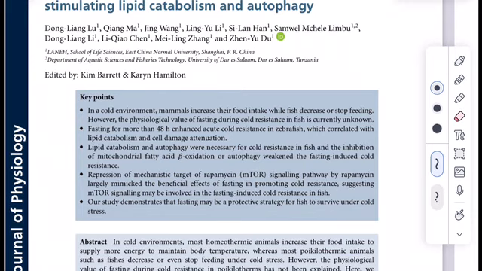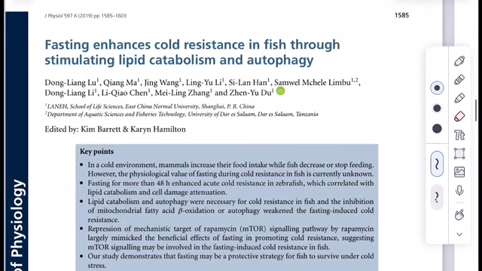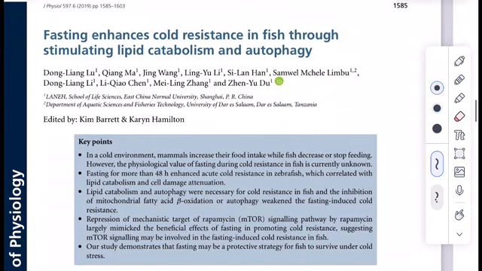Coming to the research paper that I have taken, this paper was published in Wiley. The title of the paper is "Fasting enhances cold stress resistance in fish through stimulating lipid catabolism and autophagy."